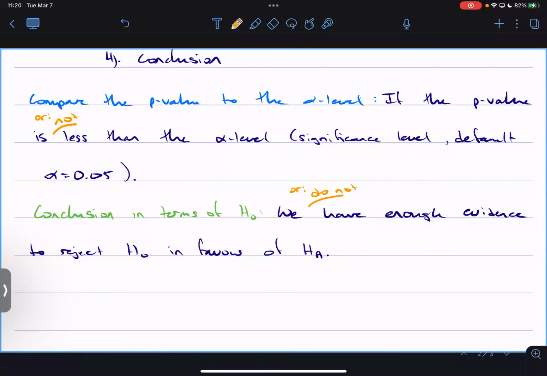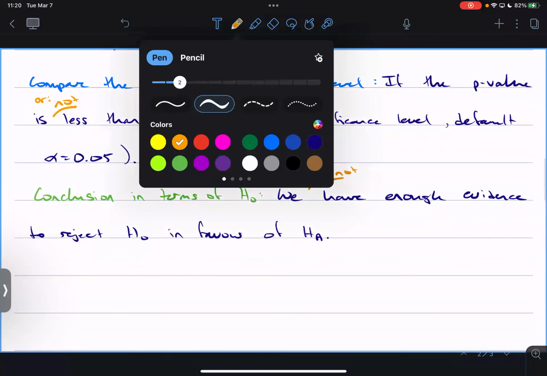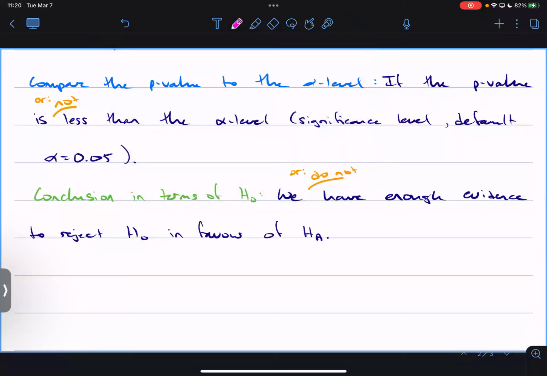Okay. So those are your only two options, right? Depends on how the p-value compares to the alpha level. Then the conclusion in terms of the question: so what does rejecting H naught mean in terms of the question?